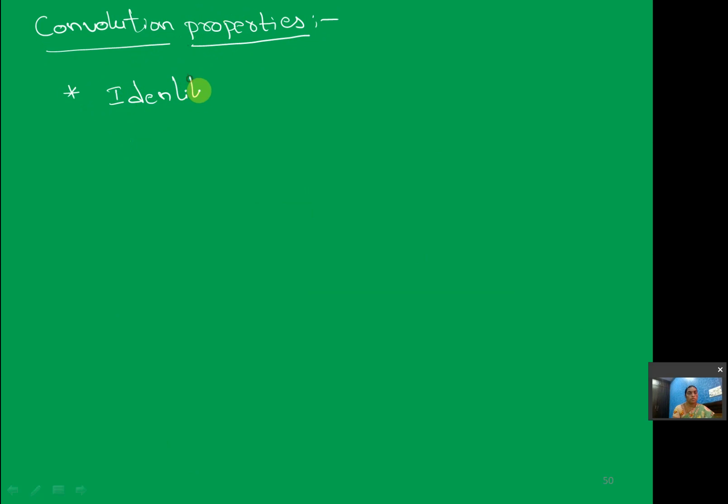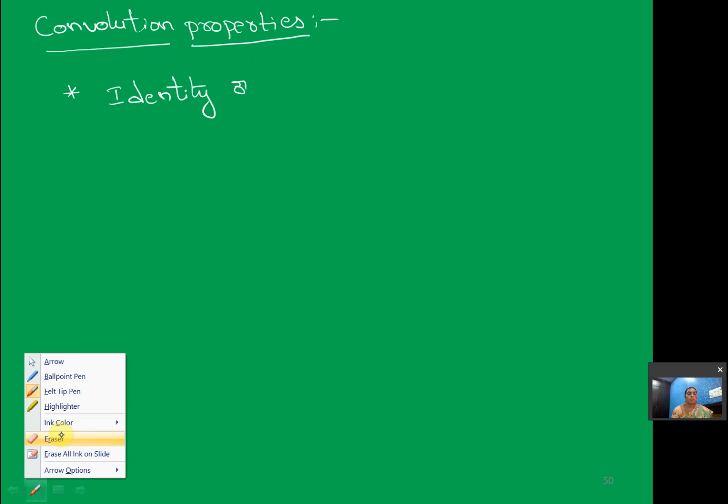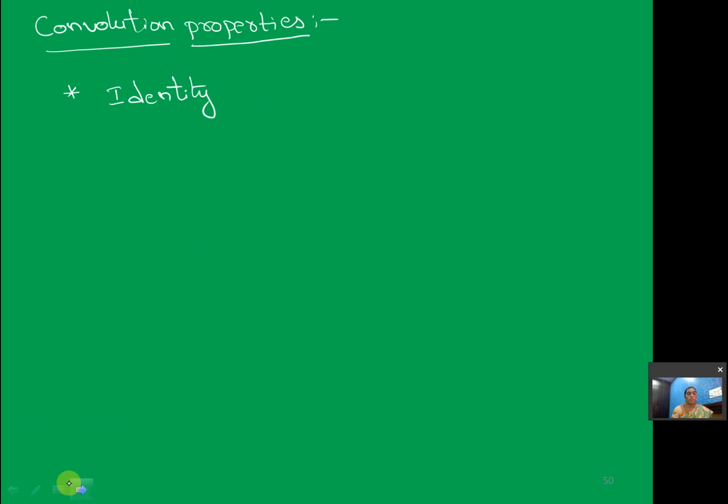Now, properties of convolution. The first one is identity and shifting.